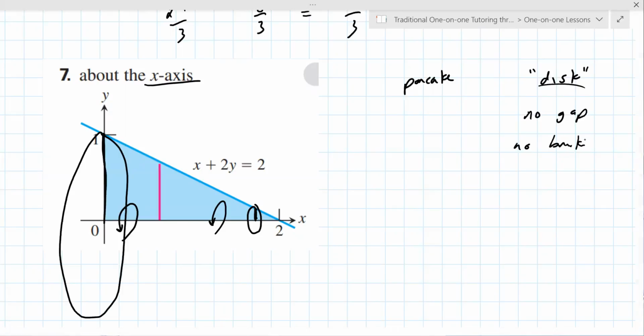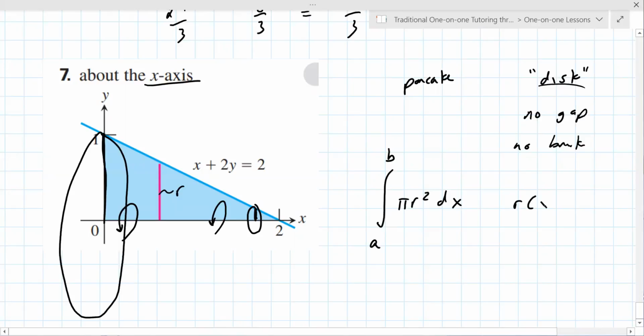And that's how you know. Now they've been kind enough to draw this in here for you. This is your radius. And more generally, it's the integral from a to b of pi r squared dx. And r is a function of x. R is really like your y. So you have to solve this for y.